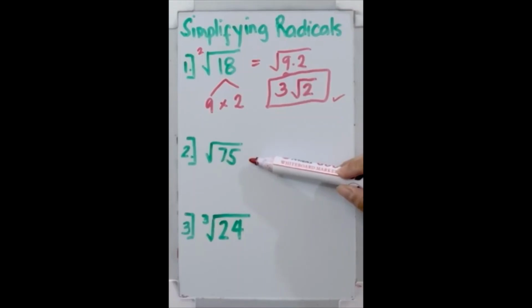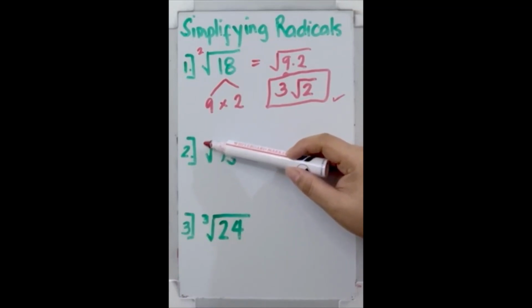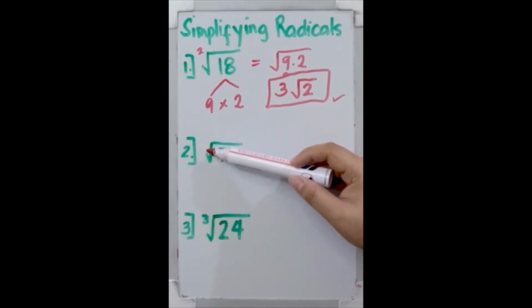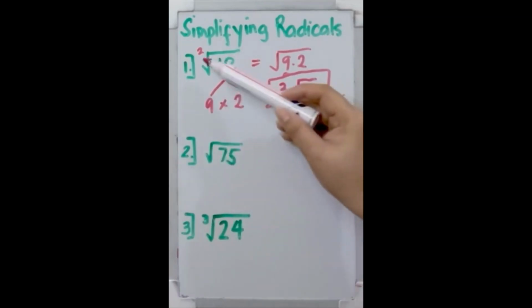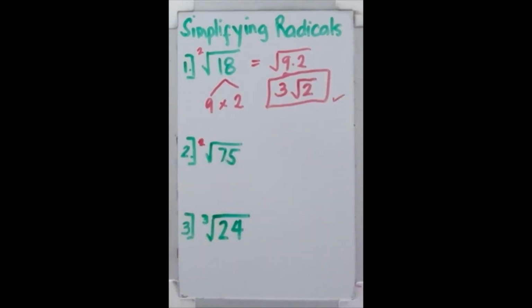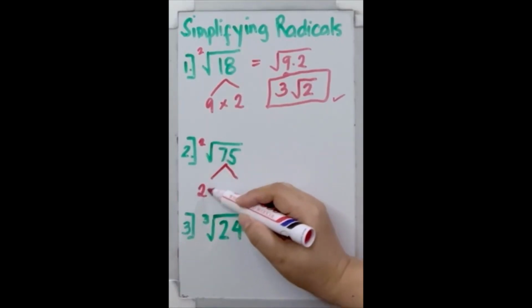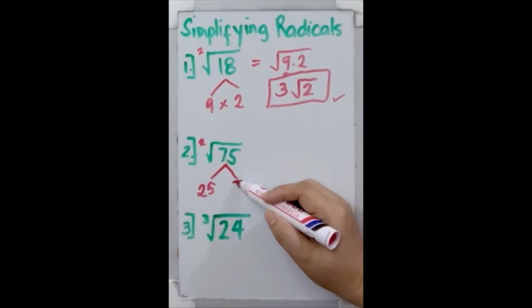The next example is square root of 75. Again, notice that there is a missing number on this root symbol. It is assumed that this is a square root, just like this one here. So the factors of 75 are 25 and 3.